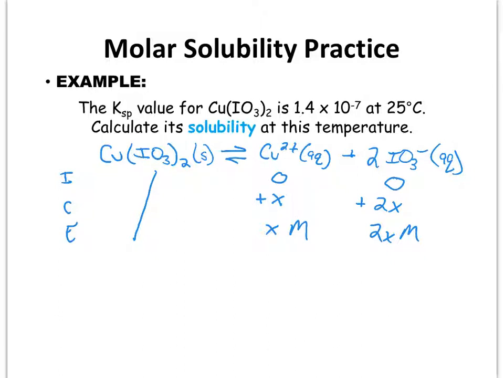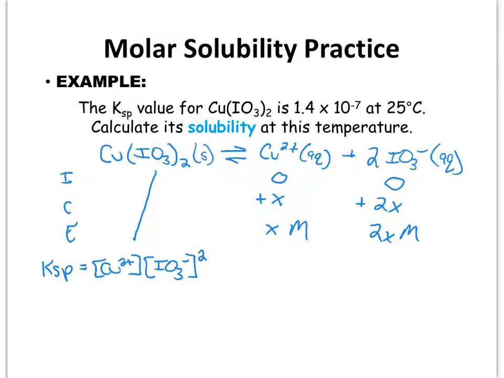The first thing we want to do is write our equilibrium constant expression. Since this is a Ksp, Ksp is equal to the concentration of Cu2+ times the concentration of IO3- squared. That's your products, and we don't put anything on the bottom because our reactant is a solid. So we can plug in what we know.